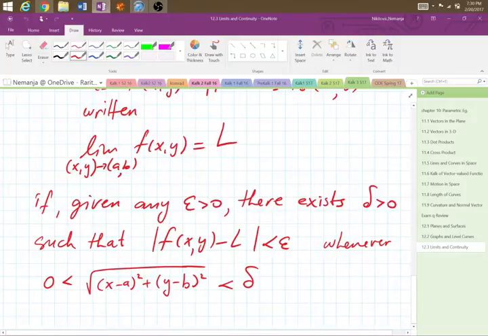I don't care which approach it has. If it gets close to this, and all of the points that we're getting on the z-axis are pointing towards the same L all the time, that's the limit. If some of them shoot off to infinity, some of them shoot off to -infinity, some of them are 3 or 5, in that case, no limit. So they all have to converge into a single L.